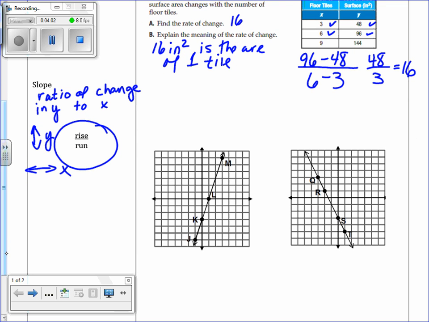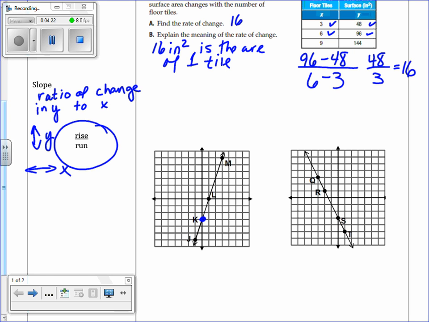So there's a couple of ways that we can go ahead and figure this out. Let's do it the non-mathematical way. If I want to figure out what the slope of this line is, I'm going to start at point K. Okay?